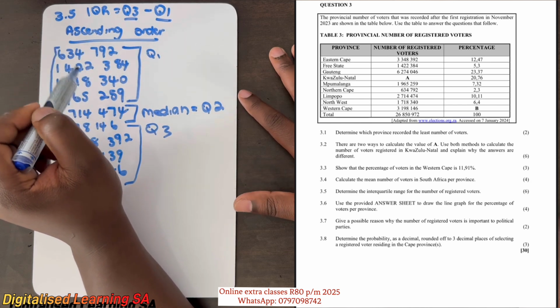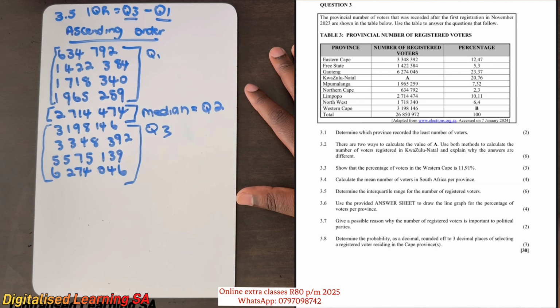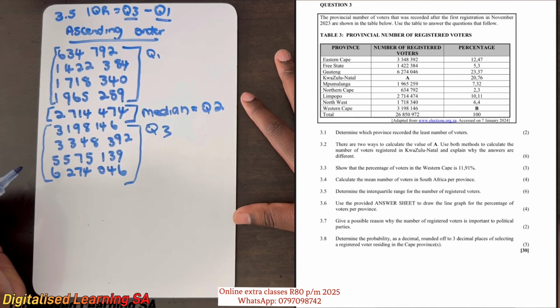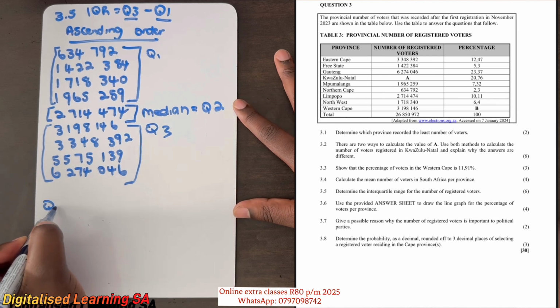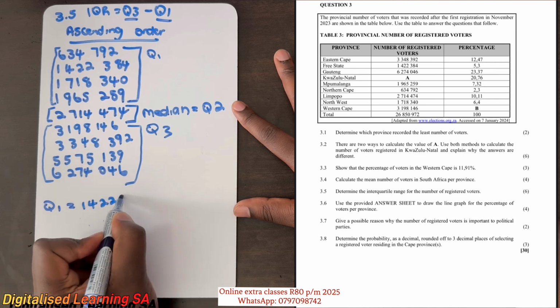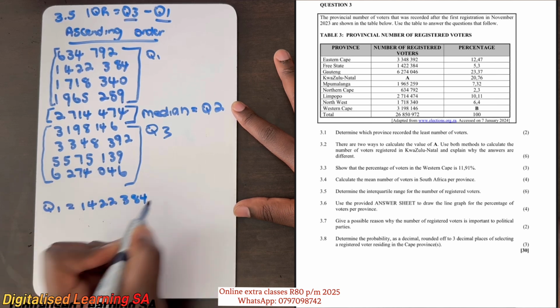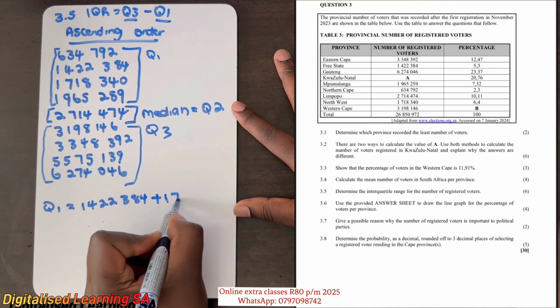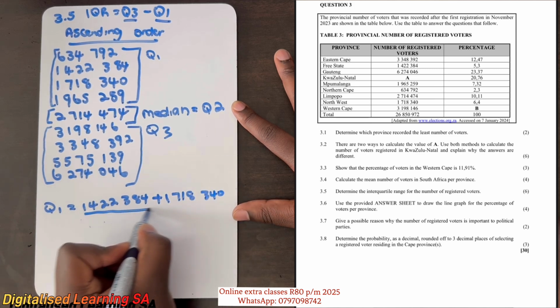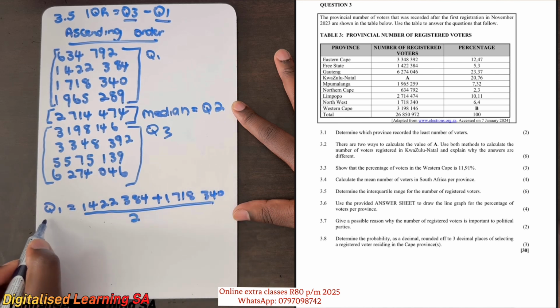So to find the median, we take the 2 that are in the middle, add them and divide by 2, meaning that our Q1 is going to be 1422384 plus 1718340. We add those and divide by 2 and we'll be able to find our Q1. And to find our Q3, we do the same.